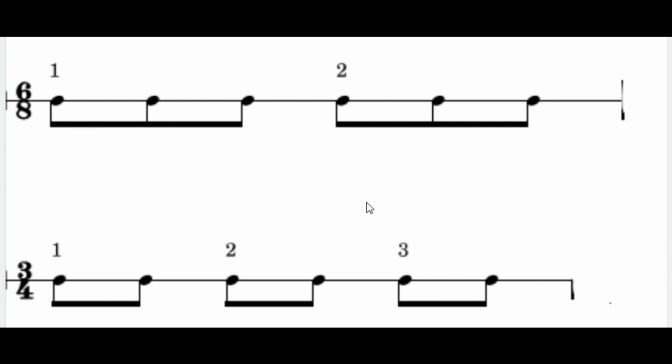Do day, do day, do day. So it also has a different feel. The grouping tells the player how to articulate or how to express the feel of the sound.